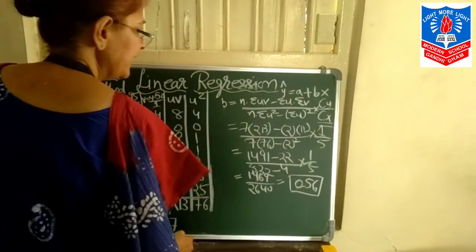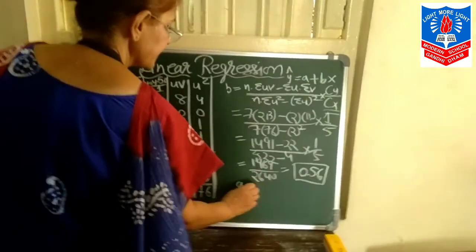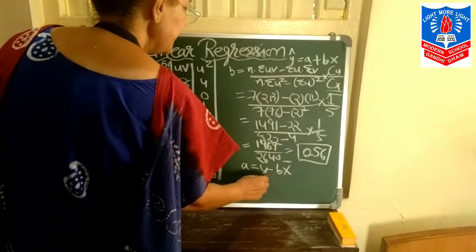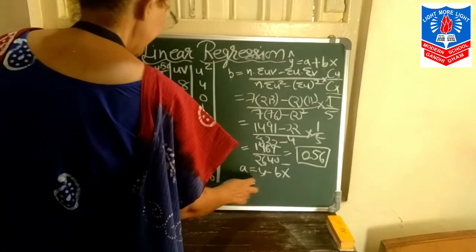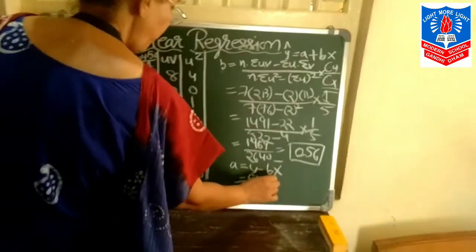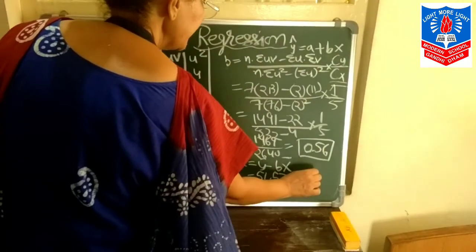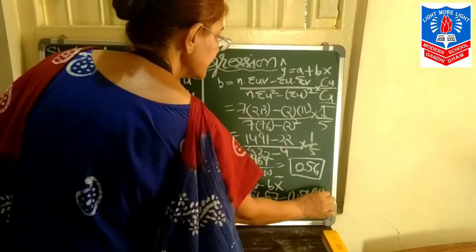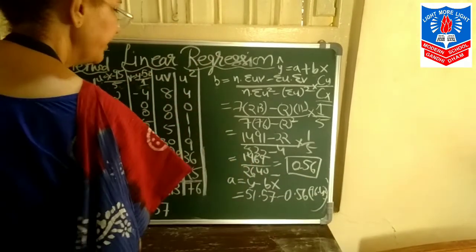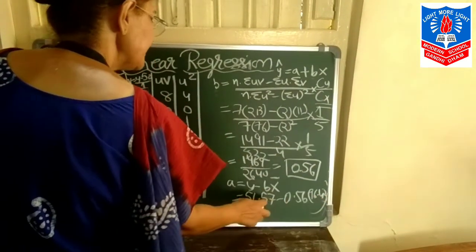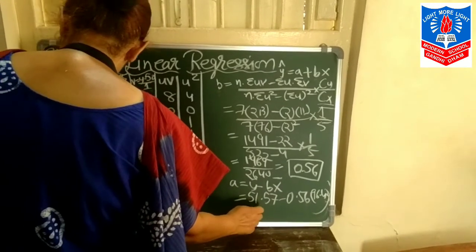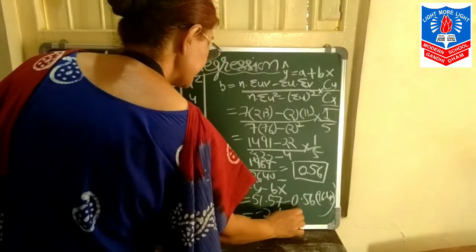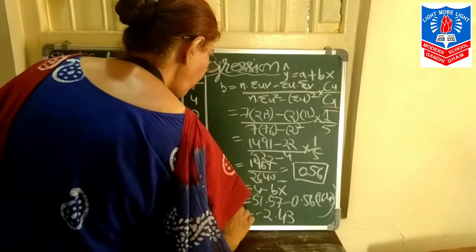So our value of b is 0.56. Now a is y bar minus b x bar. Now y bar is 51.57 minus 0.56 into 96.43. Then you multiply this and finally subtract from this, and we get the value of a, that is minus 2.43.